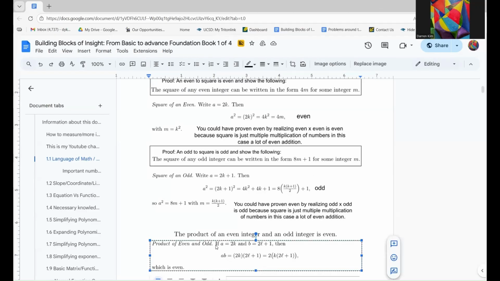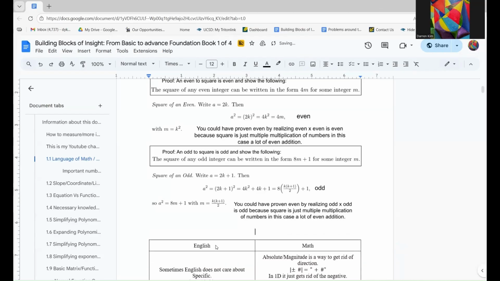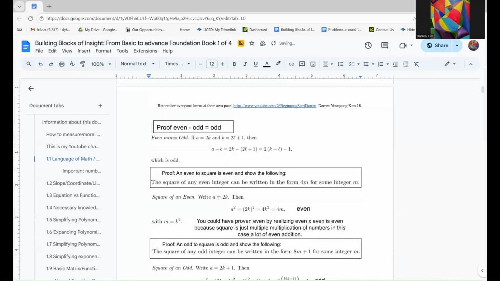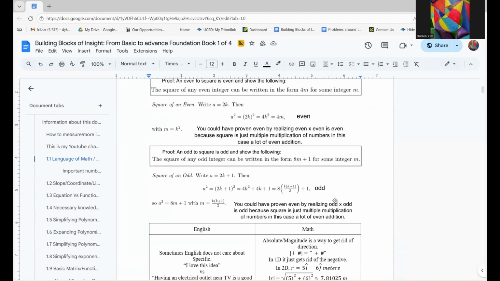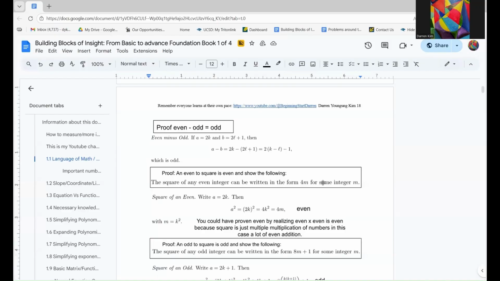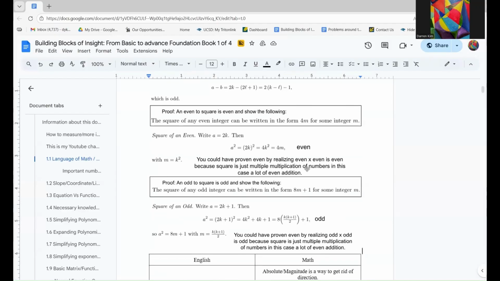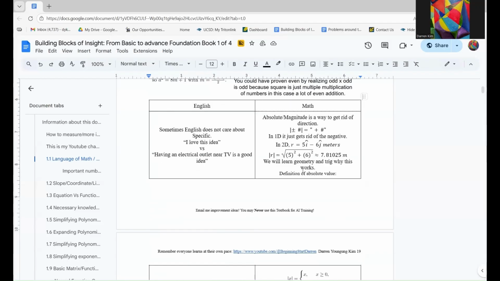Why not just delete it? There's no point in having that in there. I think these are good enough. I should put a black box between all of them, but I could care less about that. It's less important than any of the other ones. But you could have proven even in odd by realizing that even times even is even, because square is just multiplication. Now we need to talk about absolute value.